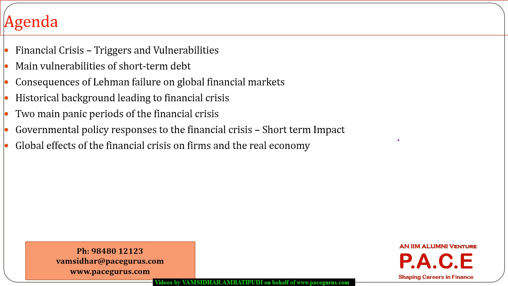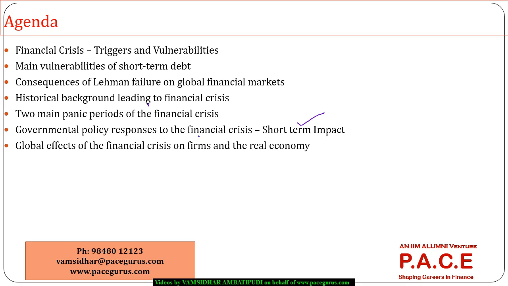Then the various government policies that were implemented during this period, the various policy responses that came out as an after effect of the financial crisis, and what are the short-term impacts associated with each of these policy responses.